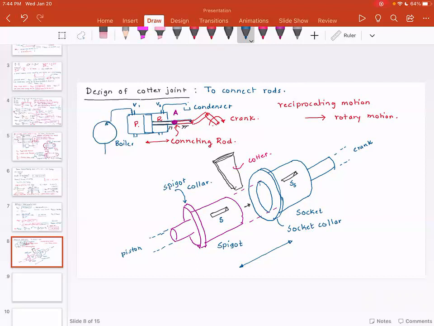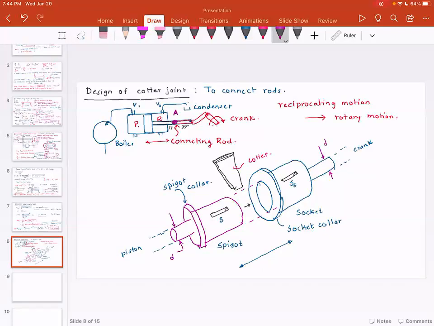So what we are going to do is start from the left-hand side. And before I start, I just want to tell you that this is the dimension D. This dimension is the same as this dimension D.